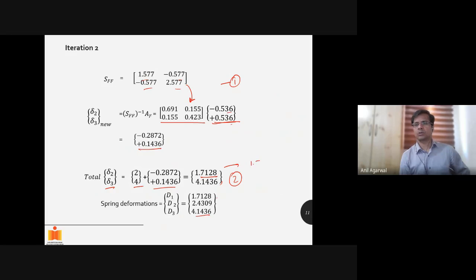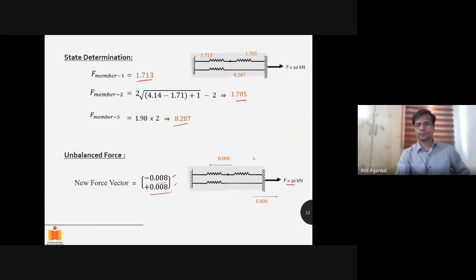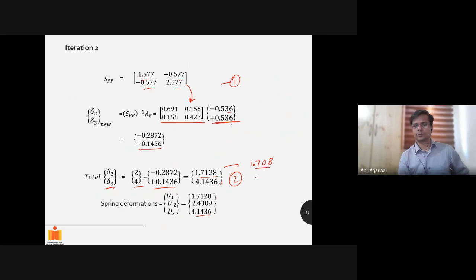After one more iteration, you got 1.708. Okay, slightly different. And instead of 4.14, you got 4.1458. So there was not too much of a change from this iteration to that iteration.